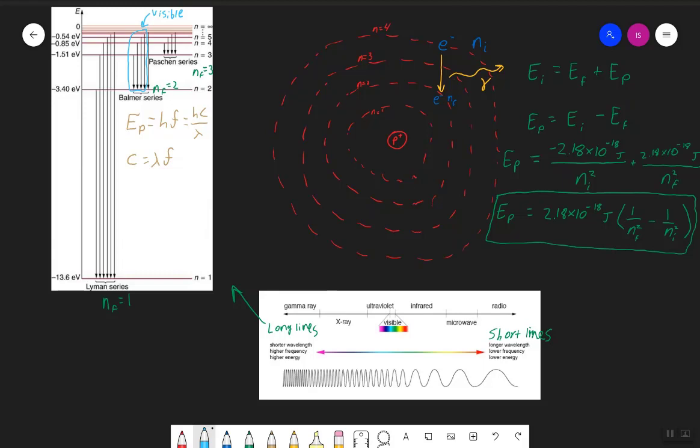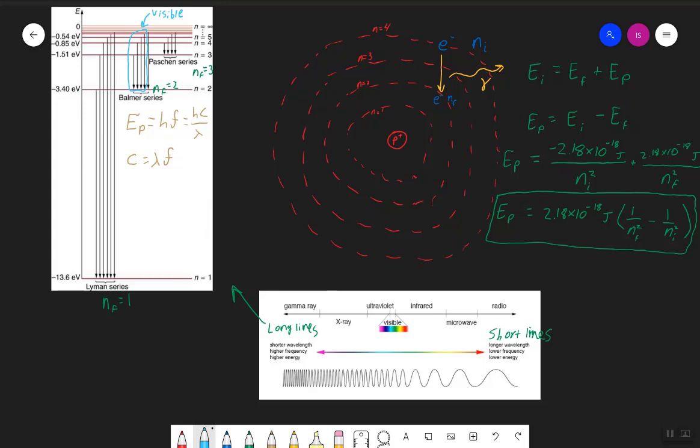Now, the other thing I want to talk about is what is called the Rydberg formula. The Rydberg formula is like this energy formula for the energy of the photon, but it gives us the wavelength of the photon. If you rearrange this, you can easily get the frequency of the photon from this. That should not be super difficult.